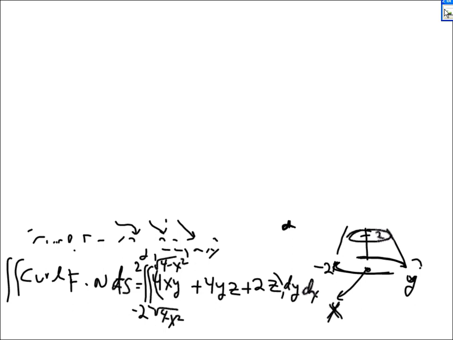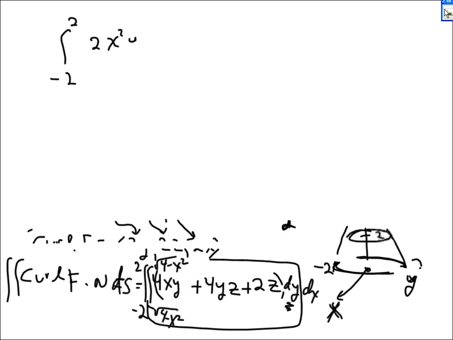So first we integrate with respect to y. So it's an integral from negative 2 to 2. I do the innermost first. Integrate 4xy with respect to x. I'm going to get 2x squared y, 2xy squared, plus 2yz.